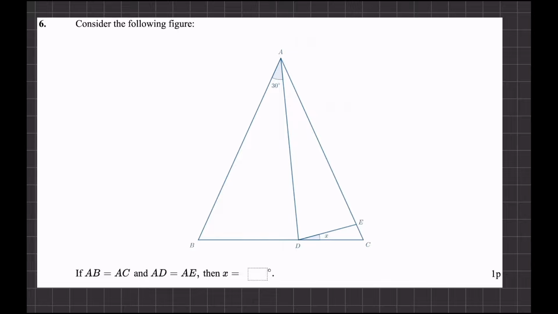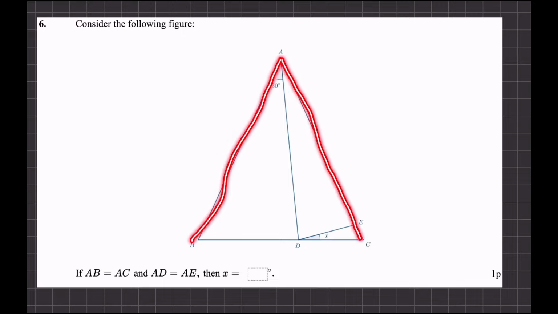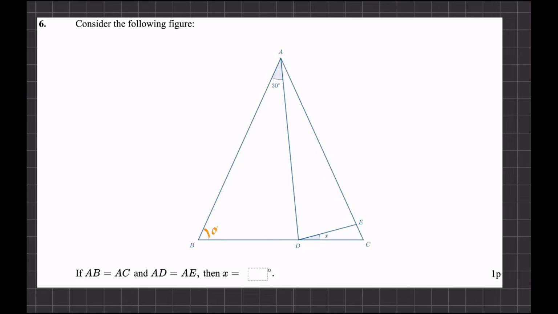For example, because the bigger triangle is an isosceles triangle, I know this angle should be equal to this angle. So for example, if I call this angle alpha, I am allowed to call this angle also alpha. But I know that this length is also equal to this length.